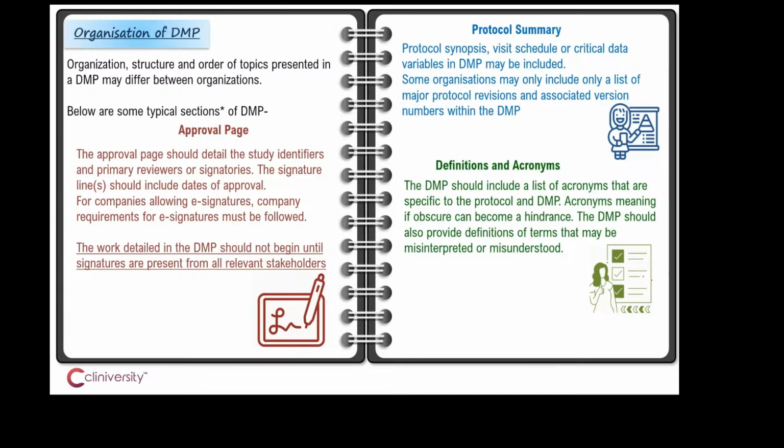Okay. The first one is the approval page. Typically, a DMP has an approval page. The approval page will contain the study identifier, primary reviewers, and it will also have the date when they have approved it.